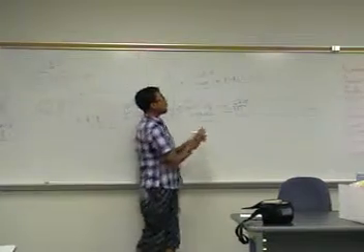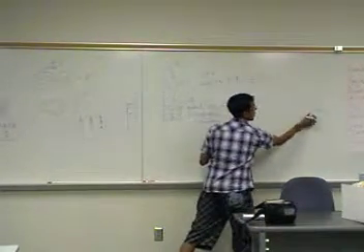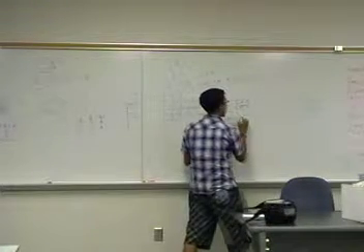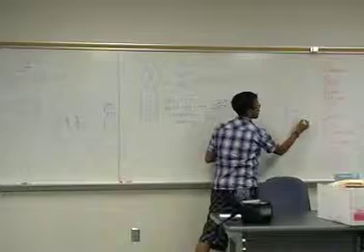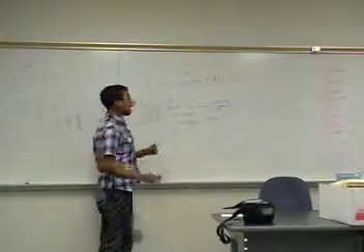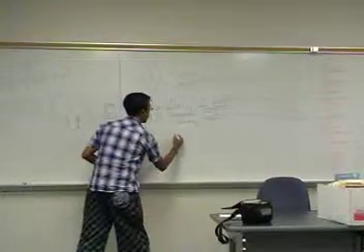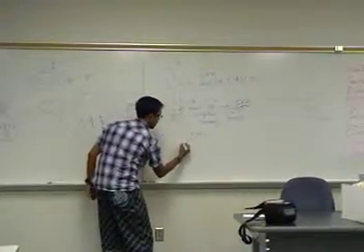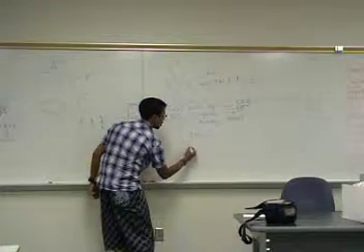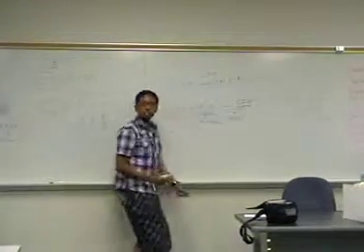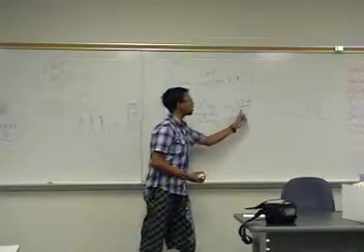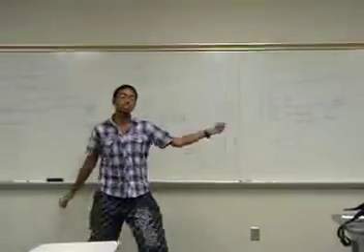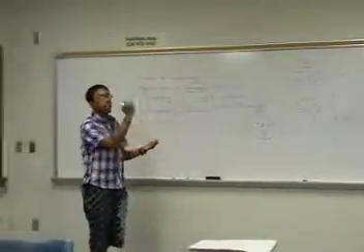But here, we can access the first one from this end, because this is the entry, and this is the exit. Now you can make out why FIFO is first in and first out. Here the first one came in first, and when it's exiting, the first one is going out first. So this is FIFO. It's first in and first out.